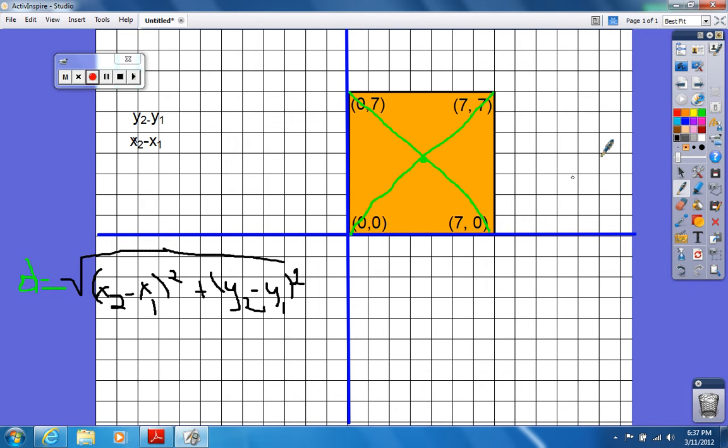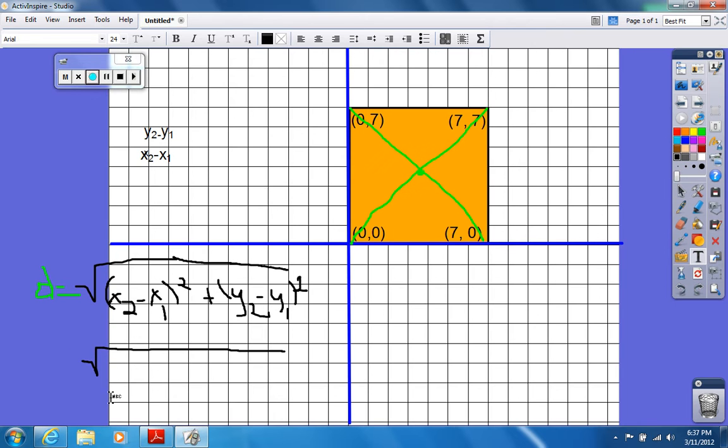Okay, so we will end up with the square root of, and this time I'm going to go ahead and type so you can see the numbers a little bit better. We're going to start with this line right here. We're going to end up with 0 minus 7 squared plus 7 minus 0, and that is also going to be squared.